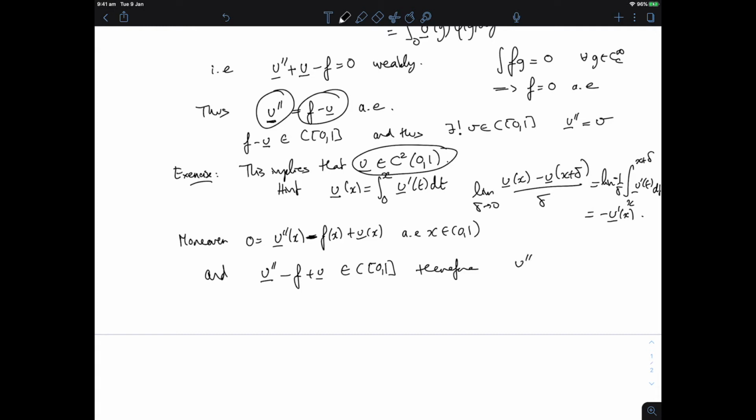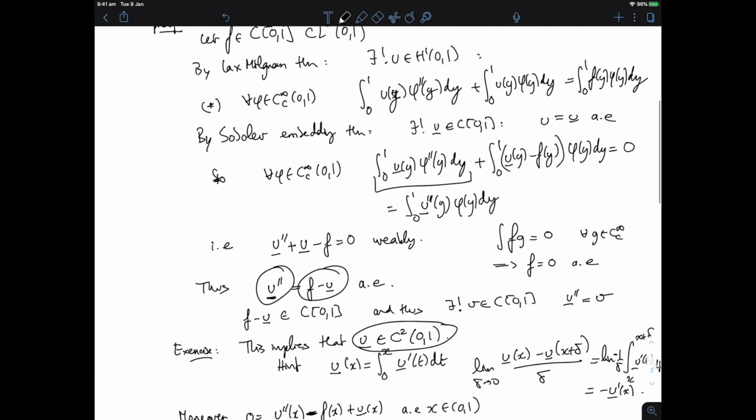Therefore u is equal to f of x plus u bar x, I keep moving that from side to side, for every x in (0,1). And that is to say the equation holds pointwise as opposed to just weakly. Right, so this is the corollary, and you can see how we're using the equation.